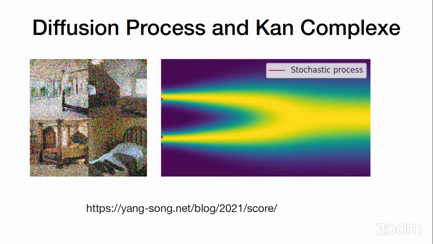I wanted to give you one concrete example. You've all seen all these great, wonderful demos: Adobe Firefly, Stable Diffusion, all of these. The reason they work well, and I think nobody has pointed this out, is that they are in a Kan complex. So what does that mean? This is supposed to be an actual demo here, but I think the PDF won't capture that. This is from Song, one of the leaders in this field.